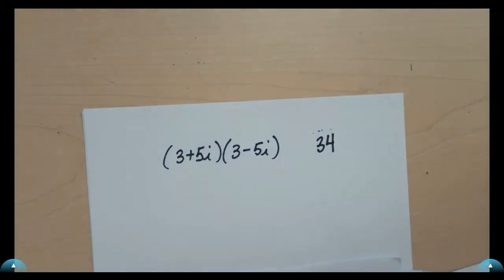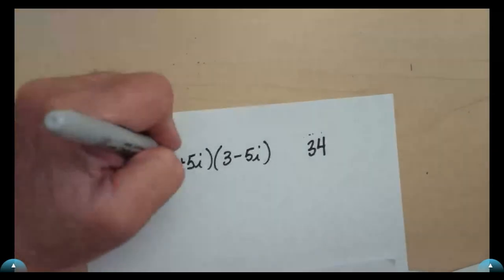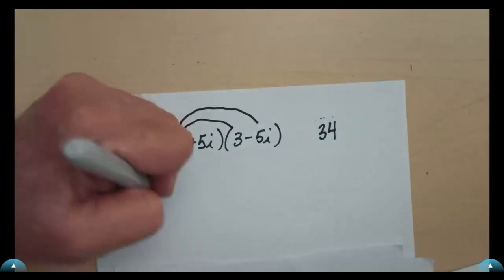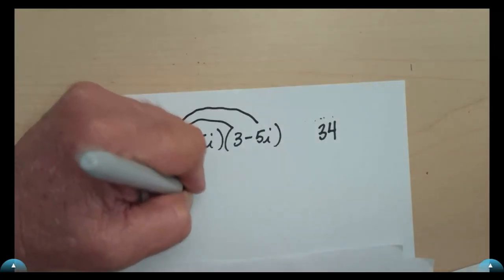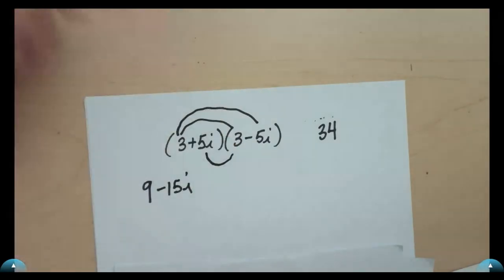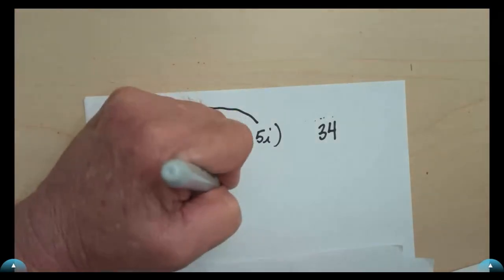If we multiply these out, and I suspect those of you who did this and got 34, you just multiplied it out, which works perfectly fine. If you do that, 3 times 3 is 9. 3 times negative 5i is negative 15i. Then you move over to the 5i. Positive 5i times 3 is positive 15i.